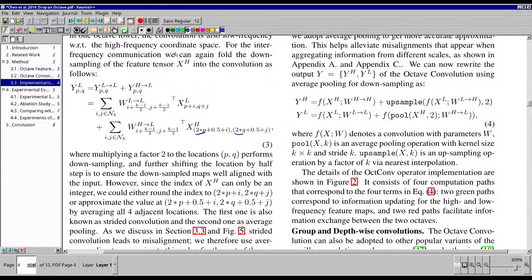For the interfrequency communication, we can again fold the downsampling of the feature tensor XH into convolution as well. We're multiplying a factor of 2 to the locations. P, Q performs downsampling and further shifting the location by half step to ensure downsampled maps will align with the input.